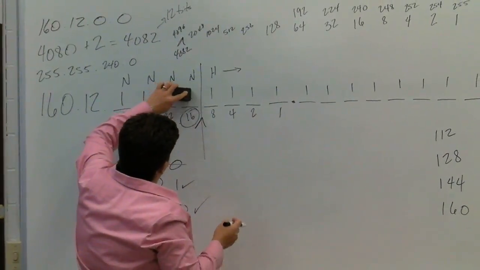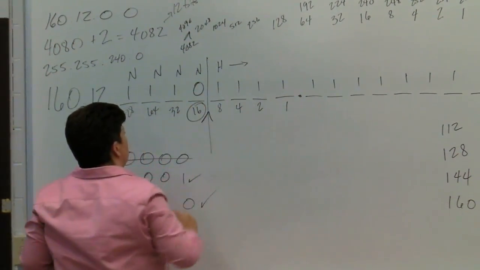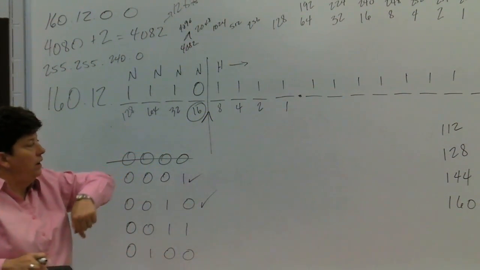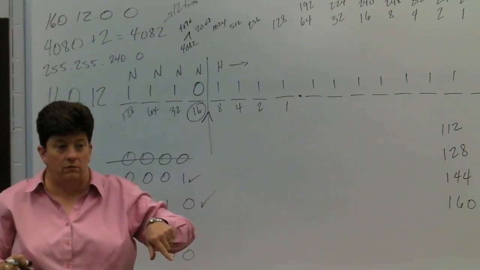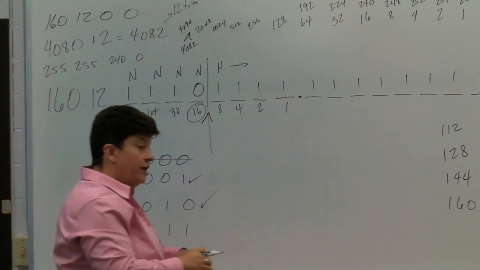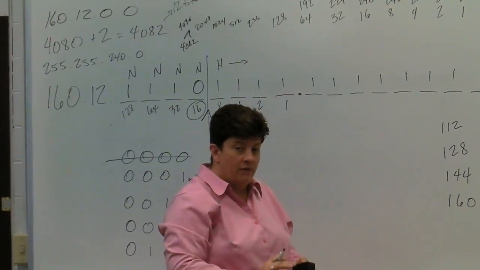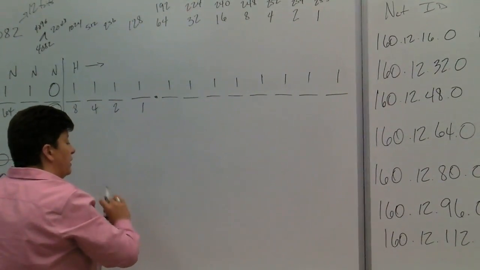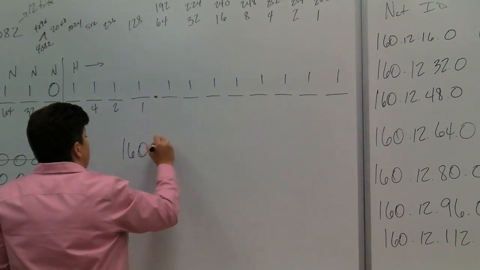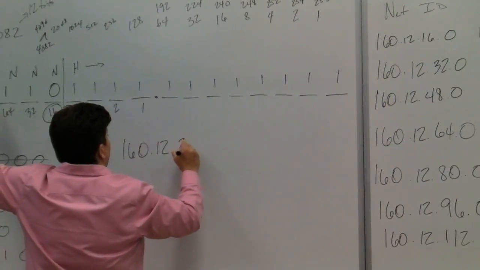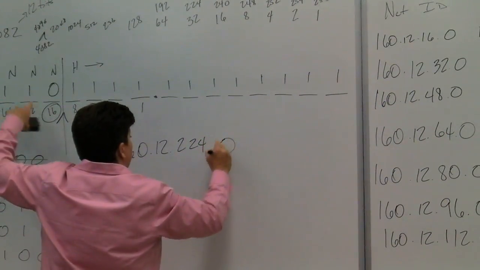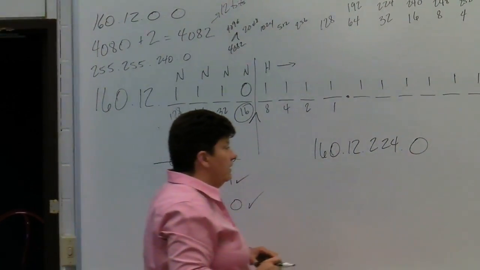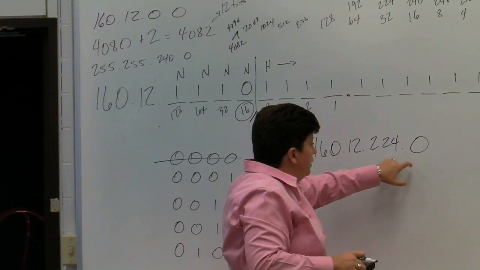Subtract 1. 128 plus 64 plus 32 is 224. So my very last usable network is 160.12.224.0. My first usable would be 224.1.